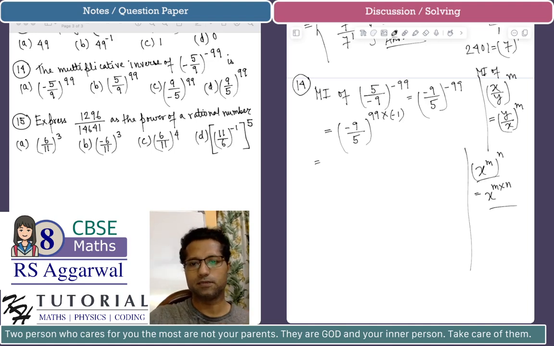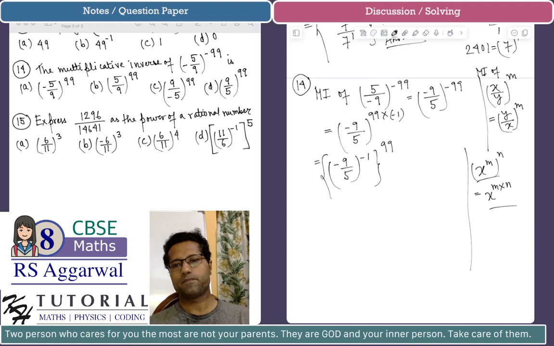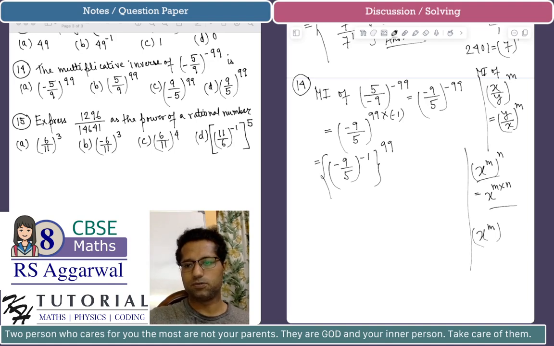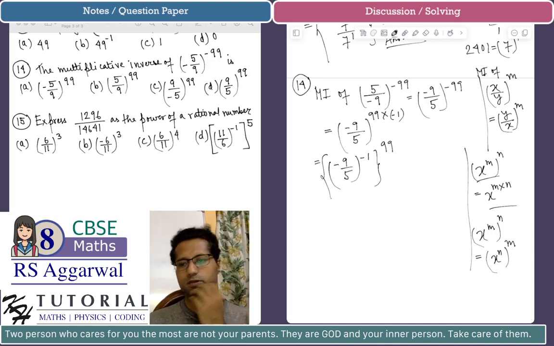So I can write it as minus 9 by 5 raised to the power minus 1, and then this whole raised to the power 99. You can always rearrange the powers like this.